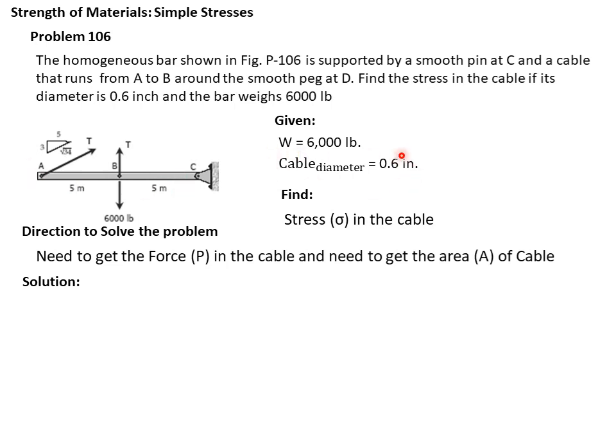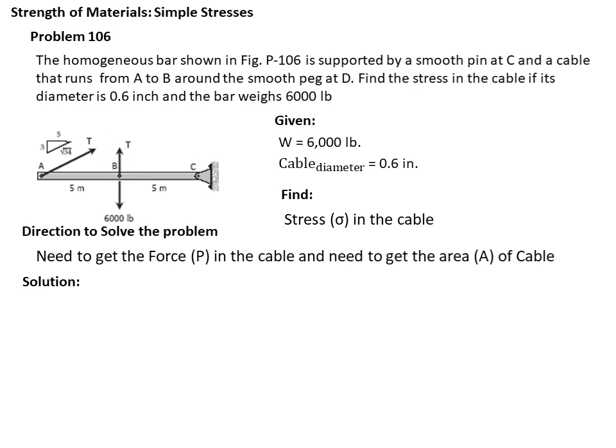Then the cable diameter D is 0.6 inch. We all know that this cable and this cable have the same internal force, since it is only connected on the smooth peg at D. Since it is connected on a smooth peg at D, there is no friction acting. So if there's no friction acting, the internal force is the same.